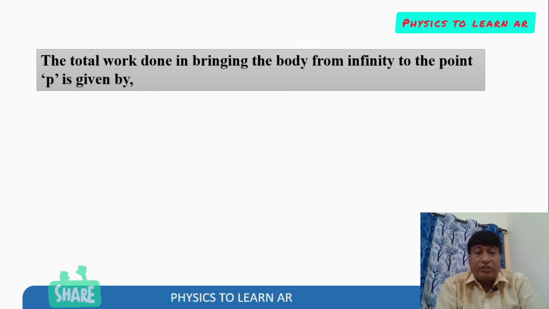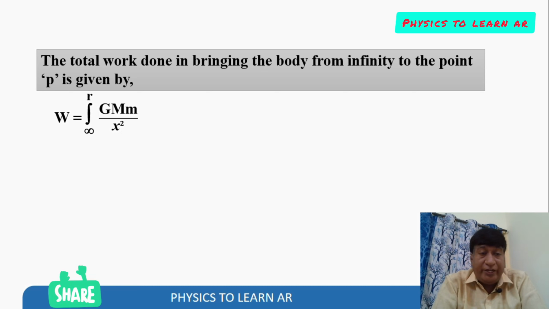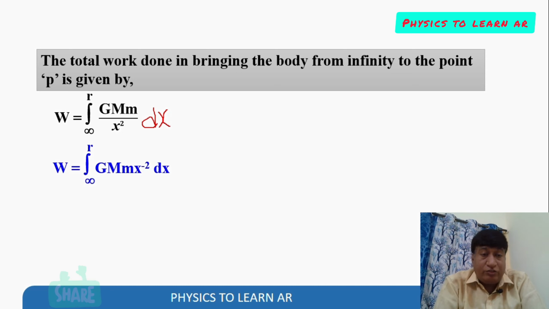The total work done in bringing the body from infinity to the point P is given by W is equal to the integration from infinity to r of G M m by x square into dx, where dx is a small displacement from A to B. On integrating this, x to the power of 2 in the denominator moves upwards and we get x to the power of minus 2.